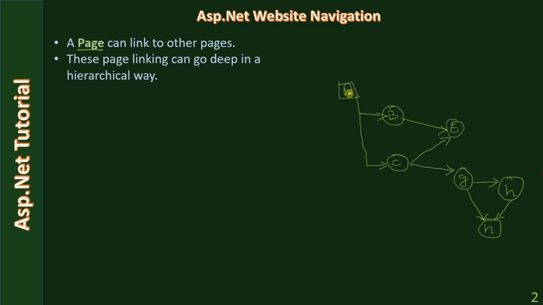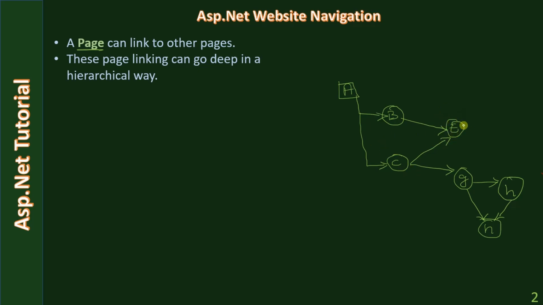From page A, you can click the link and reach page B or C, right? So from E, you cannot go anywhere. So that's kind of an end page. But to this page E, you can come through navigation from A to B, then B to E, or from A home page, let's say, from A to C, then C to E, right?